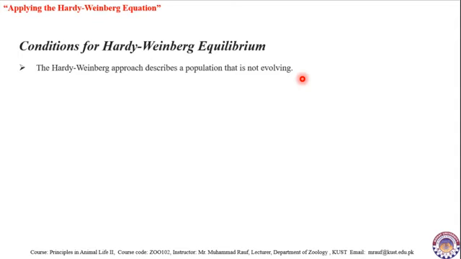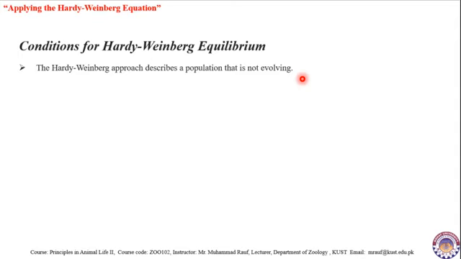In our previous lectures, we defined evolution as change in the genetic composition of a population over time, or the change in allelic and genotype frequencies of a population over time or through successive generations.